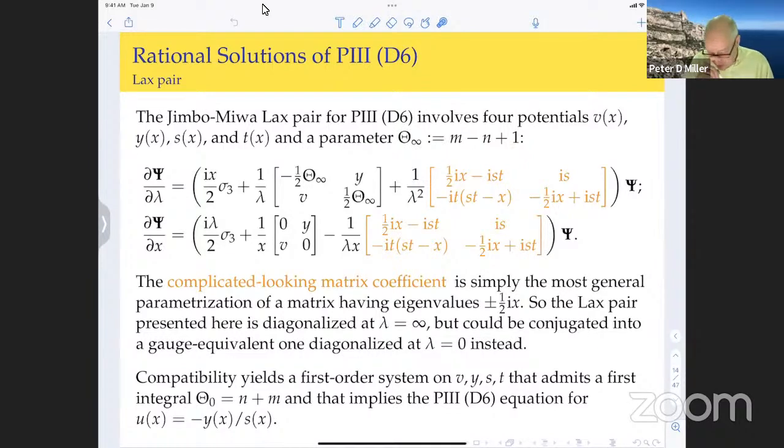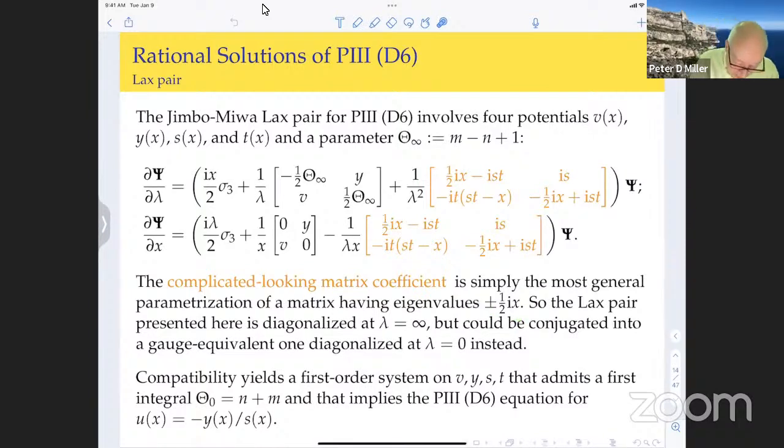Okay, so then the Jimbo-Miwa Lax pair is written here on the slide. This is the spectral equation in the spectral parameter lambda, and here is the isomonodromic deformation in the variable x. It has pretty simple coefficients at leading order for large lambda, but at the bottom end it looks pretty complicated. The thing to keep in mind about this complicated looking matrix, which is the same one in both of these problems, is that it's really just the most general parameterization of a matrix that has the eigenvalues plus or minus 1/2 I times x.